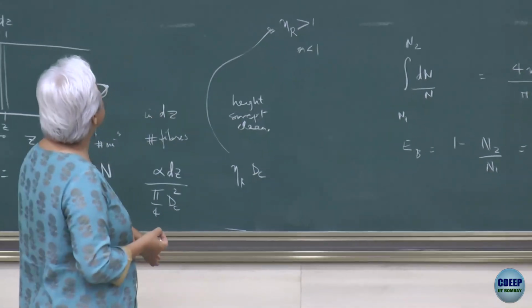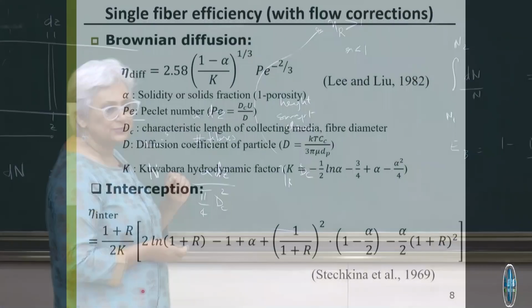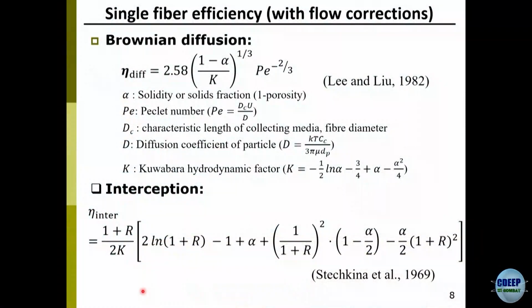And yet you find that you have your Peclet to the minus 2/3 in the diffusion term, which is what you look for. Whenever you see a Peclet to the minus 2/3, you know the mechanism is diffusive deposition. Whenever you see an R squared dependence, where R is the interception parameter dP by dC, you know you're talking about an interception mechanism, right?